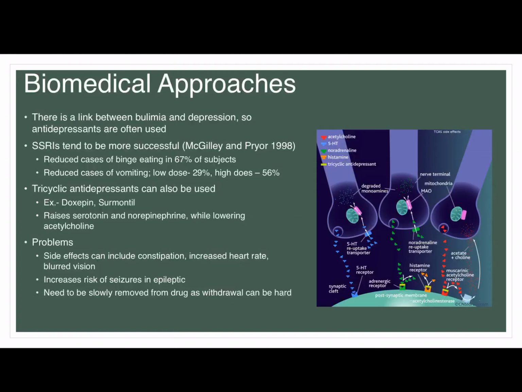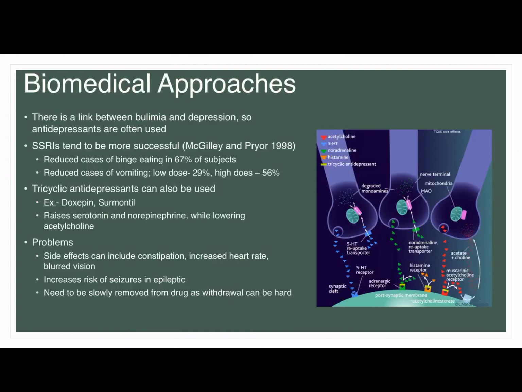Acetylcholine is an excitatory neurotransmitter. It helps with memory formation and muscle coordination, but it is also linked with higher rates of anxiety. So by boosting the feel-good neurotransmitters, serotonin and norepinephrine, but lowering the effects of acetylcholine, it helps minimize those anxious, depressive feelings as well.